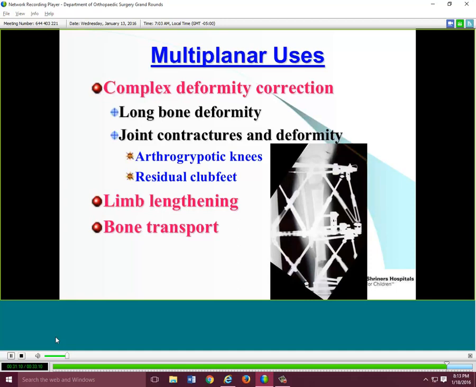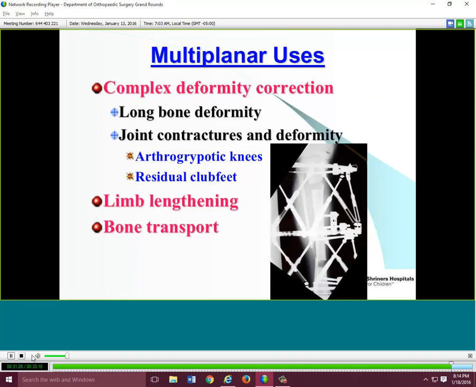So if you have somebody who's got a missing segment of bone, let's say you have a tibia where you're missing something in the junction of the proximal and middle third, you can put a frame on, you can cut distally, and you can take a segment of bone and transport it proximally.